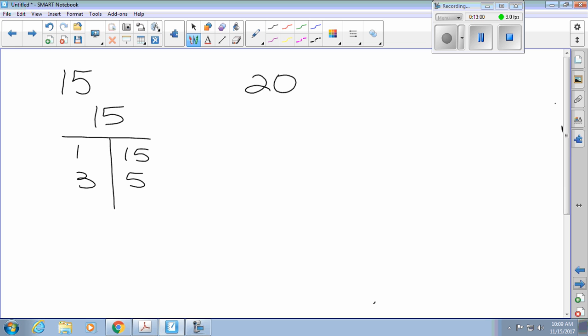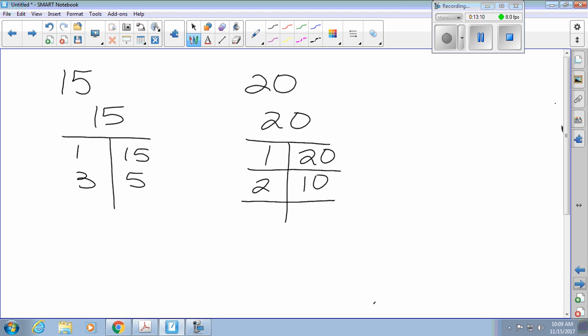How about 20? 1 times 20. Everyone should get that one, right? All right. 2 times 10. What about 3? Will that work? How about 4? 4 times 5. So you're done when they're only 1 apart, right? Because there is no whole number between 4 and 5 to even test. So we have 1, 2, 4, 5, 10, and 20.